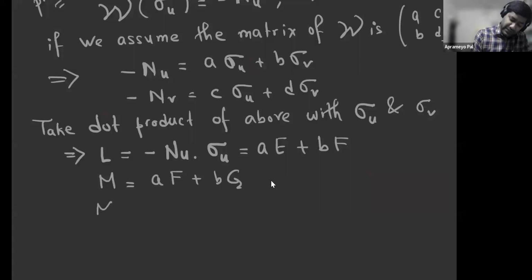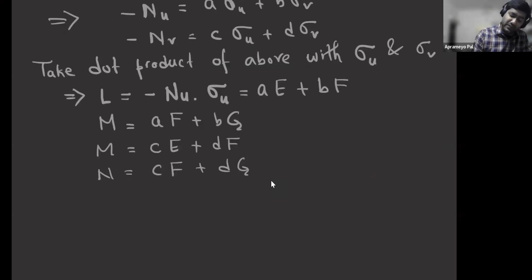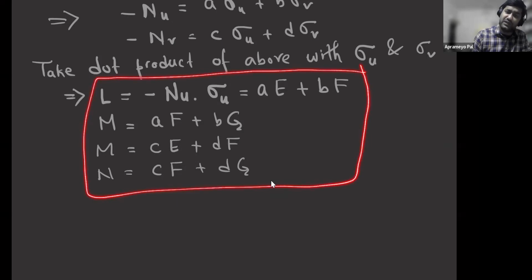So I will again get M is CE plus DF, and N is CF plus DG.